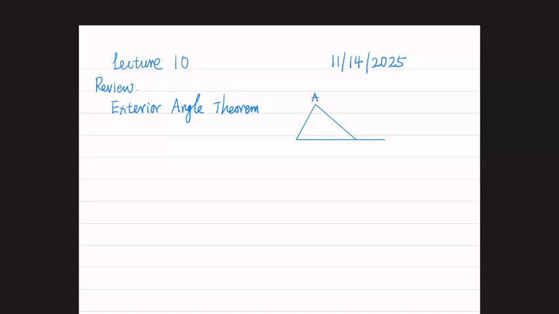if we label this triangle A, B, C. It means this exterior angle alpha, the measure will be the summation of angle A and angle B, the summation of the remaining two angles.